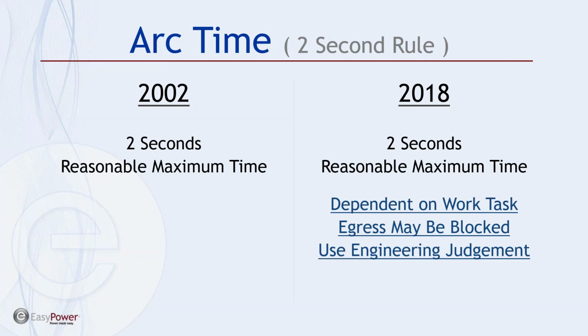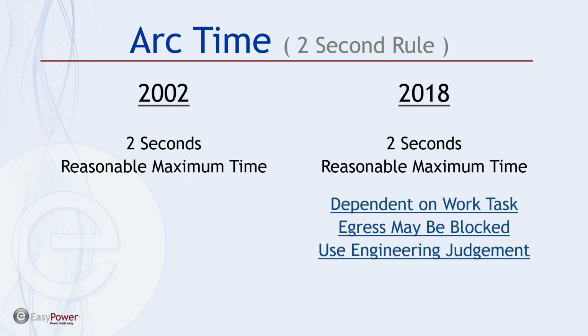The 2-second rule, it's one of my favorite soapboxes, which I'm not going to get on now, but it's still almost with the same verbiage, it still exists in the standard. And basically, the statement is 2 seconds is considered a reasonable maximum time for incident energy calculation in areas where we have extended or excessively high incident energy due to longer trip times on the protective devices.